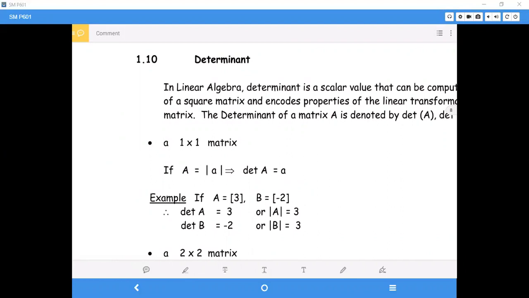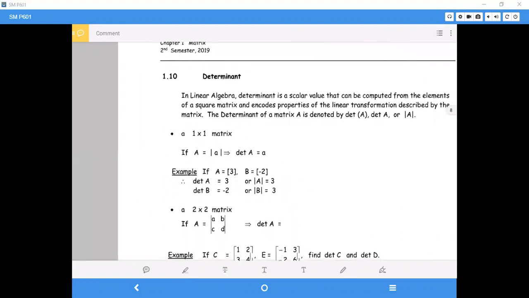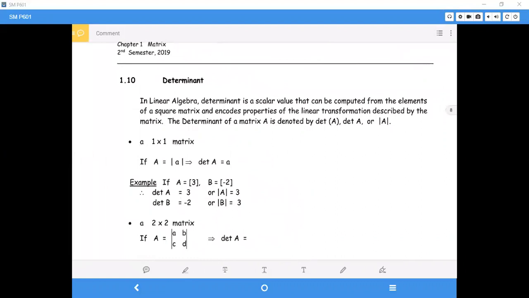Yeah, so what is the determinant and why do we have to talk about this one? Determinant, as the name states, comes from determine.